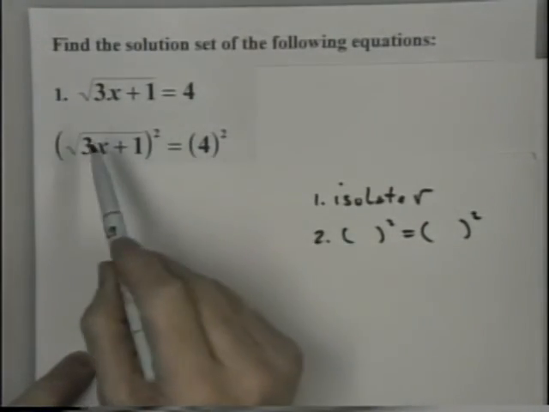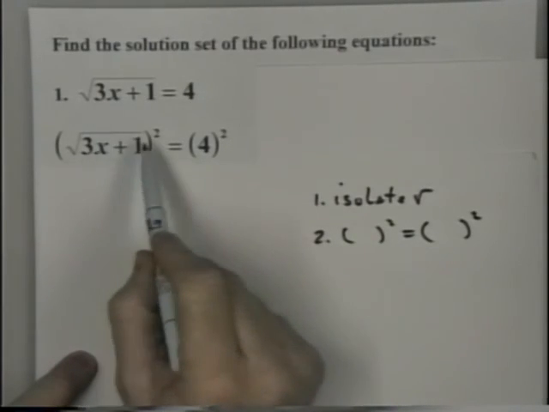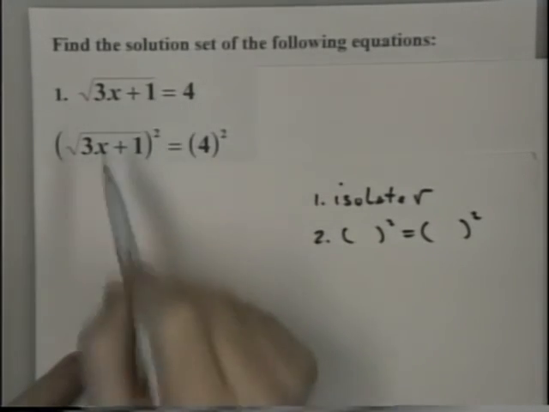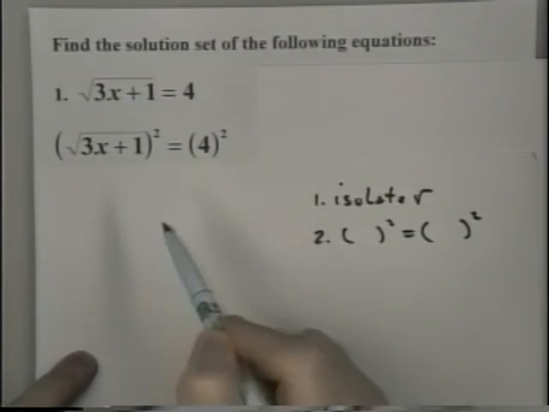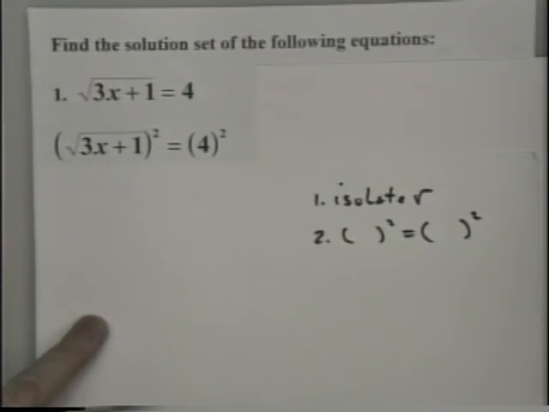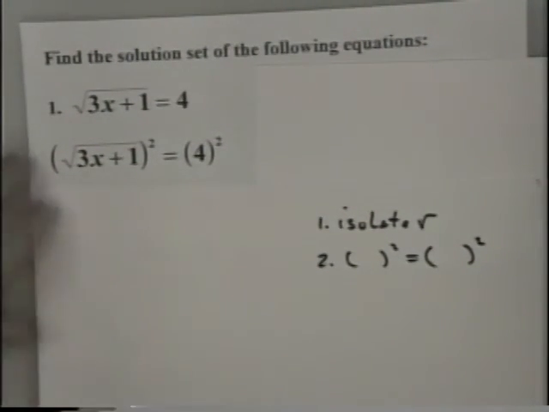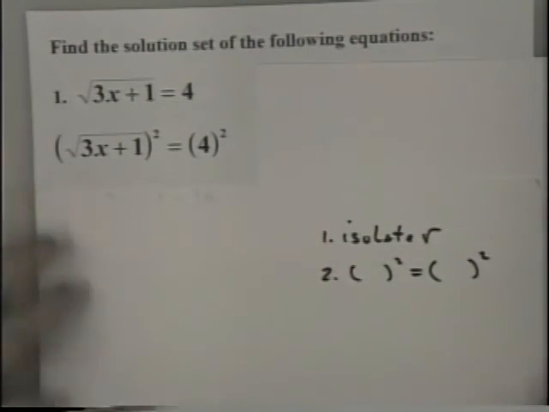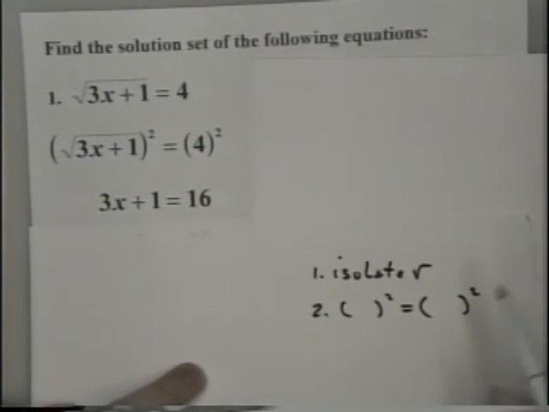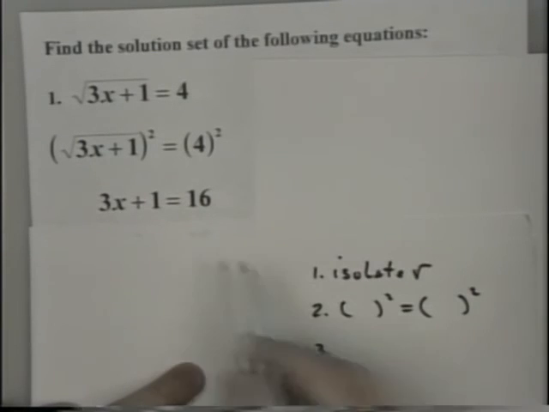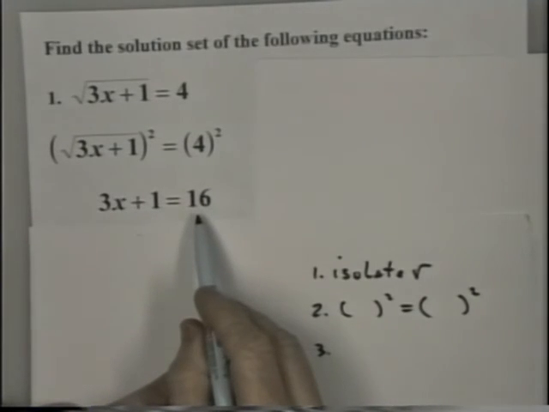Now, I didn't say square each term. In this case, it's not too hard to see what both sides are. They're just two terms. And you end up with some type of equation.